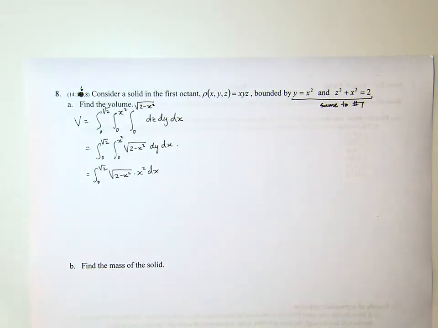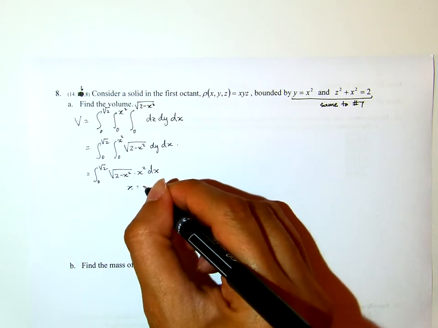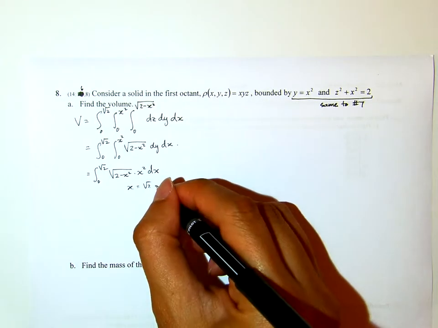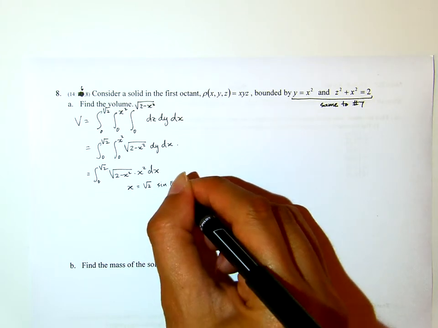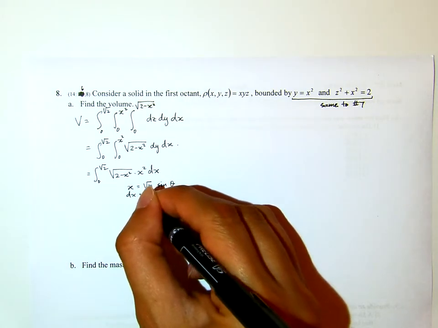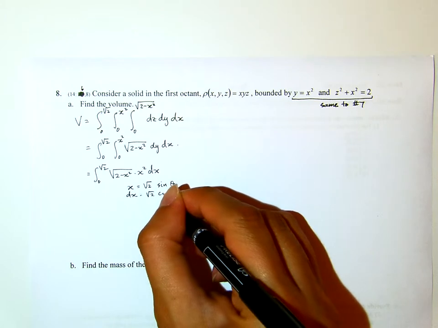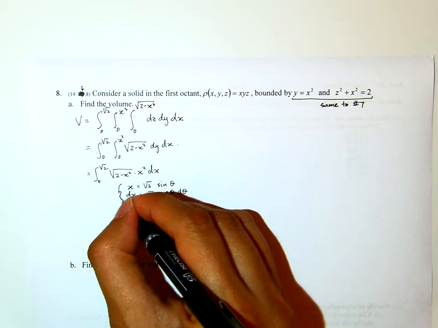Okay, now from here I think we will use some kind of trigonometric substitution. Notice that if I substitute my x by radical 2 sine theta, then my dx equals radical 2 cosine theta d theta, right?